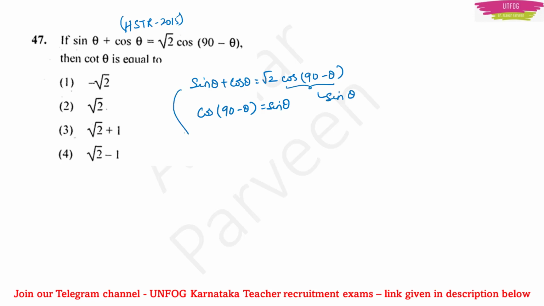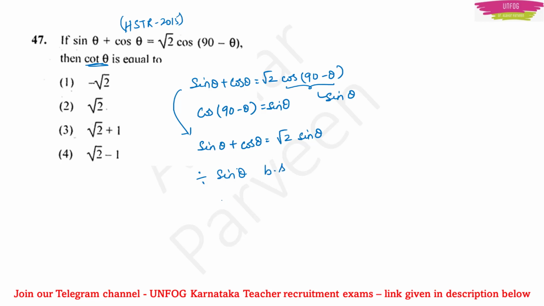So what I can do is, here I will write sin theta. So what will my equation now become? It will become sin theta plus cos theta is equal to square root of 2 into sin theta. Now because I have to find cot theta, I will divide by sin theta both sides so that I will get cot theta in this equation.